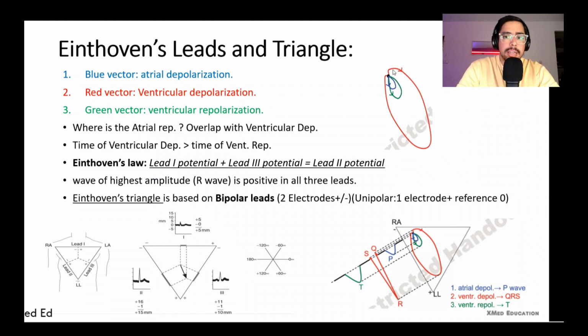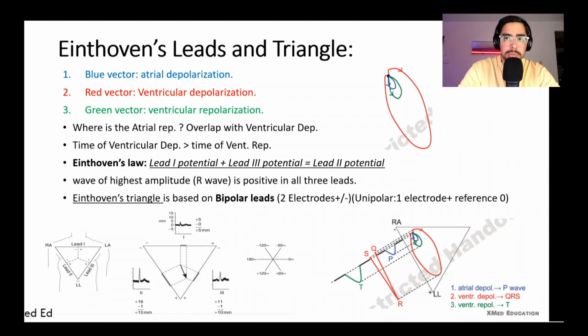As you know, the atrium is much smaller than the ventricle, and its muscle is much weaker, so its depolarization is going to be smaller, so the magnitude will be much smaller. Then we have this red vector. This red vector is ventricular depolarization. Ventricles have very strong muscle.